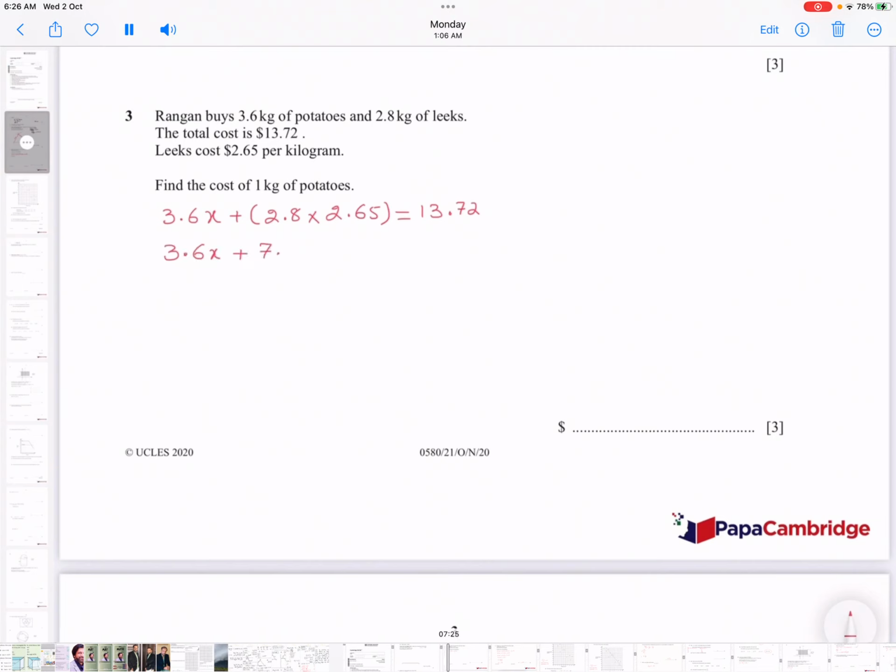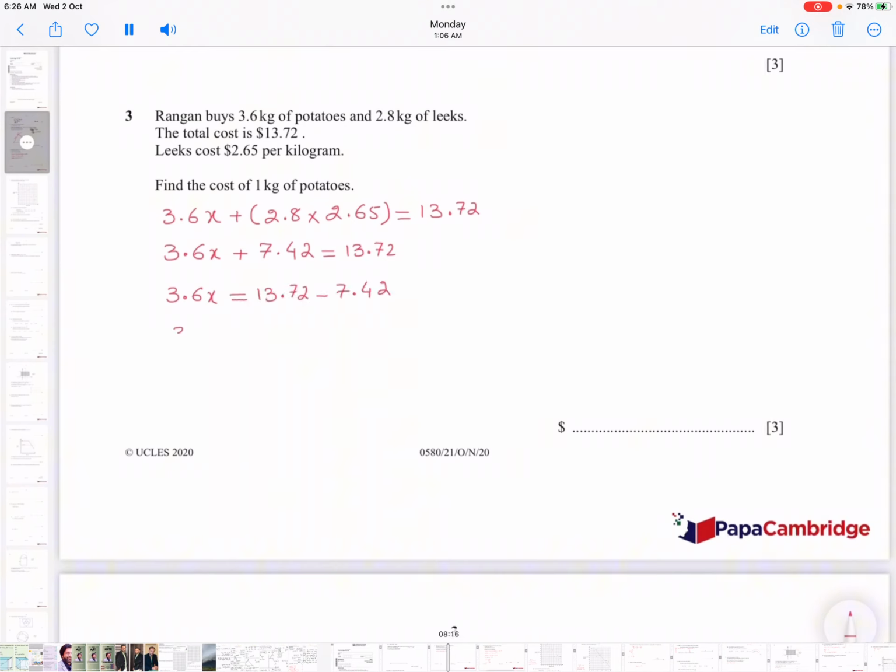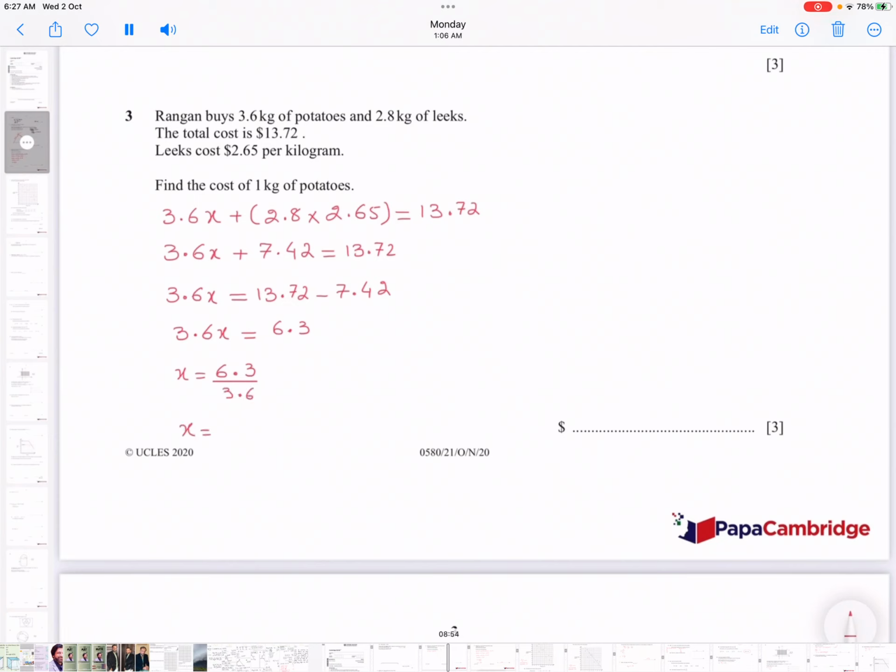So solve it for x. So that would be your answer, $1.75.